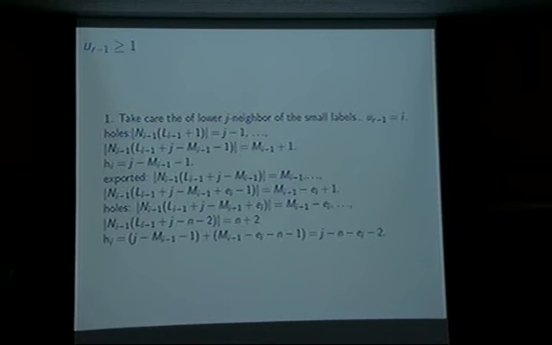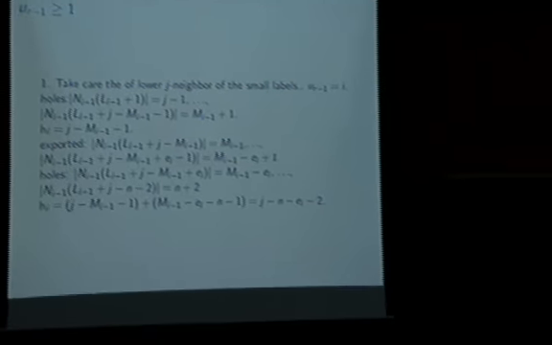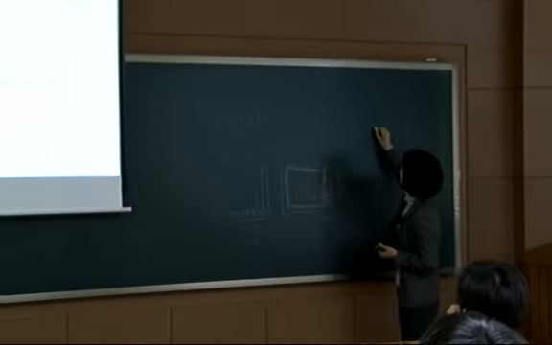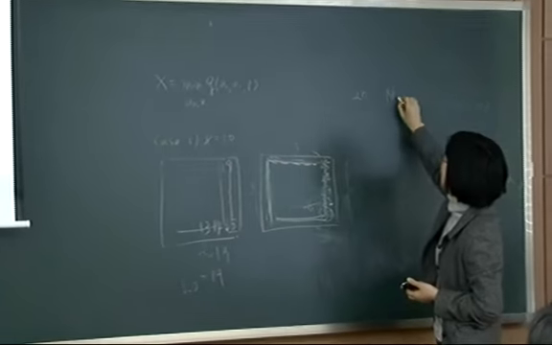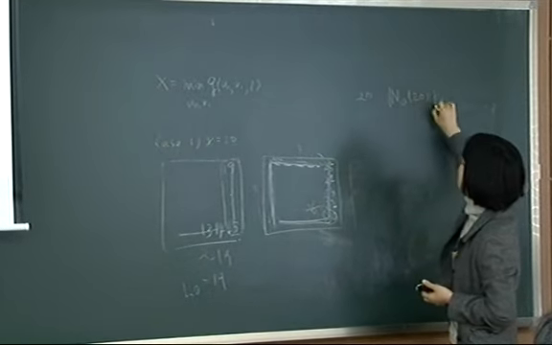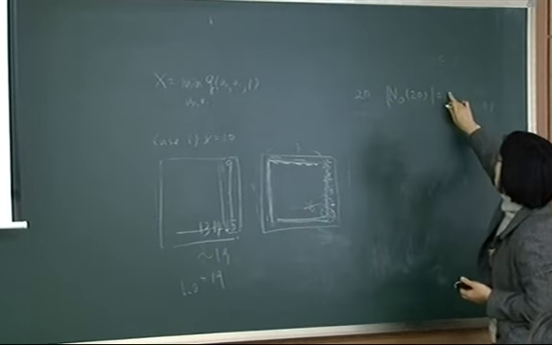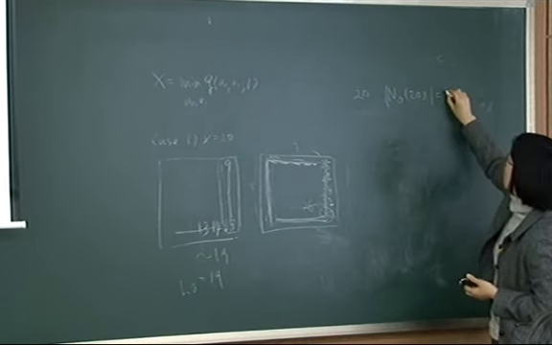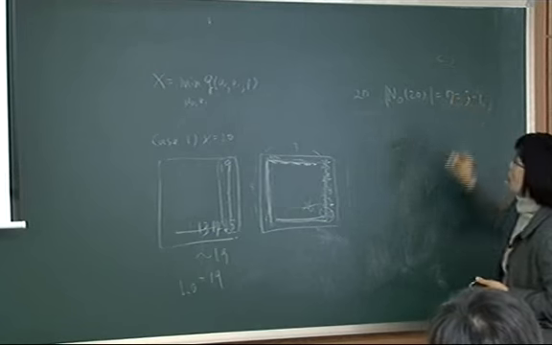So in this case, we consider 20. Then its lower neighbors: N(20) has size 7, that's j minus 1.